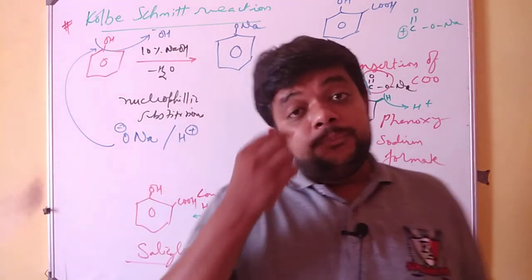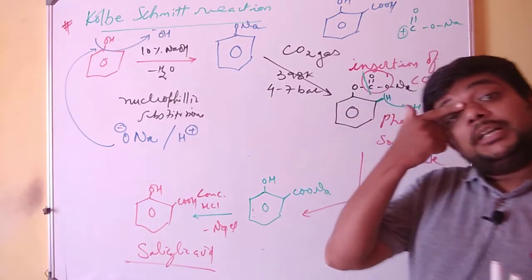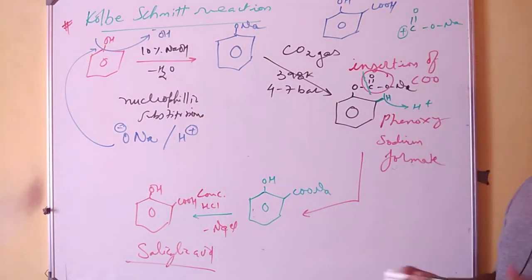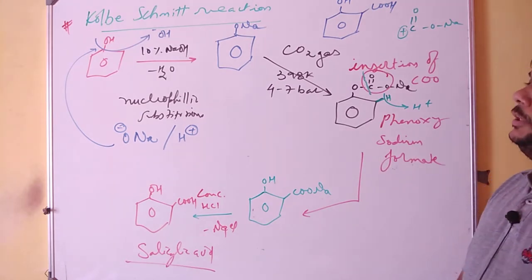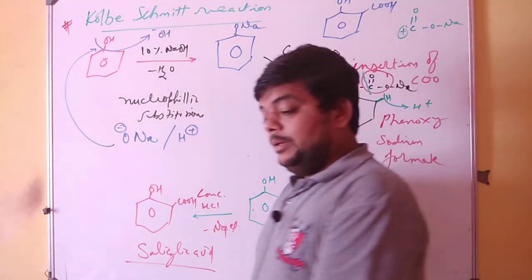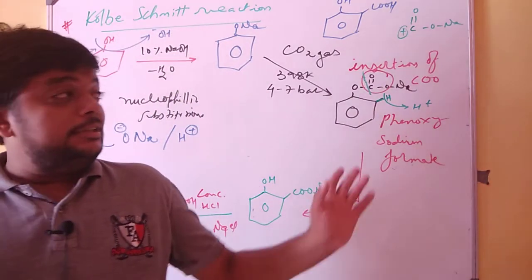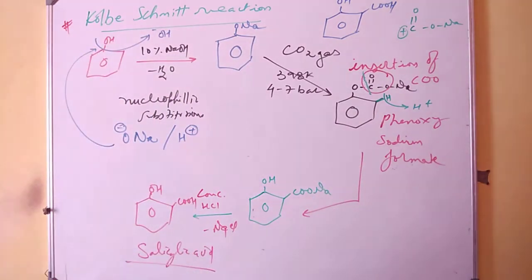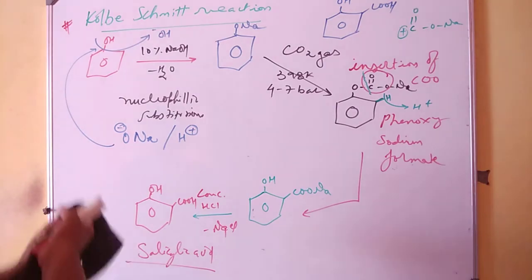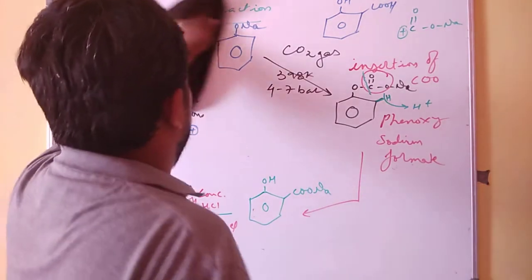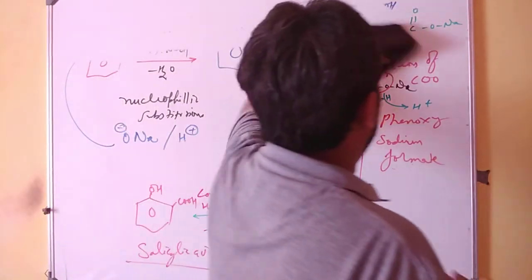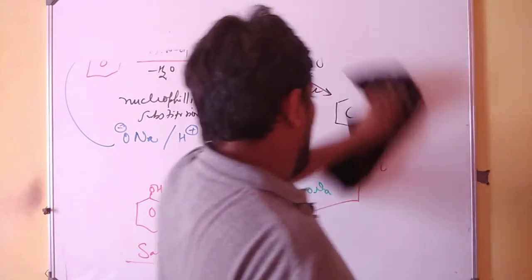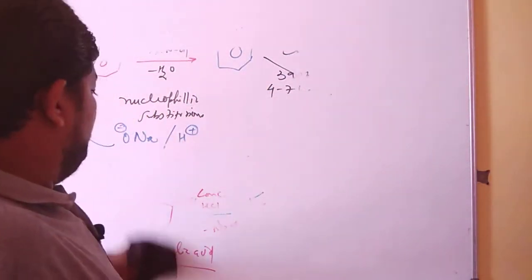So this is how there are two methods for generating salicylic acid. One is the earlier reaction we did in this video, that was the Reimer-Tiemann reaction, and the second one is the Kolbe-Schmitt reaction. So friends, two very important reactions that we are pursuing over here, which can help us score very well in our exams, and these are very popular reactions industrially, where applications are seen in many products.